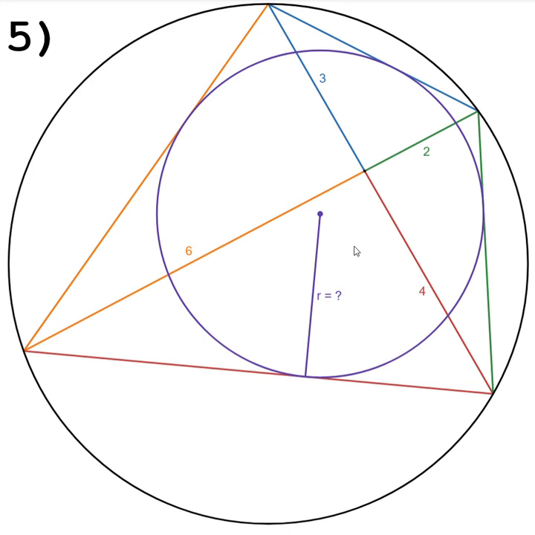Basically, 2 times 6 is equal to 4 times 3, which holds true in this case. So the question is valid. And this is a bicentric quadrilateral, which means that it is both tangential and cyclic. So you basically have to find the inradius of that. So that's your fifth question.